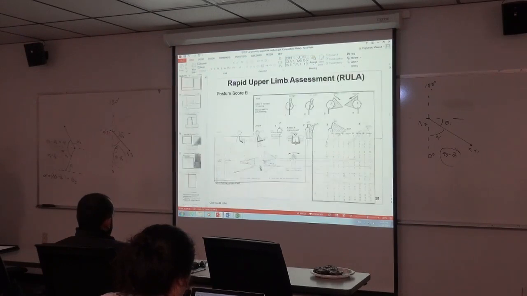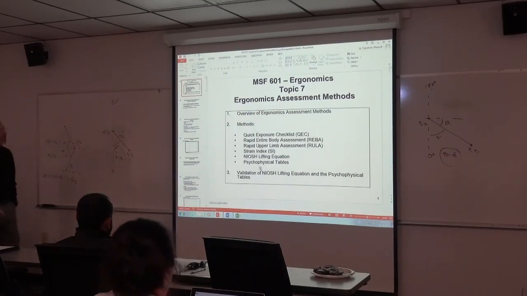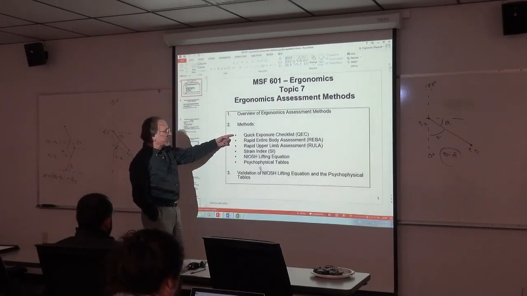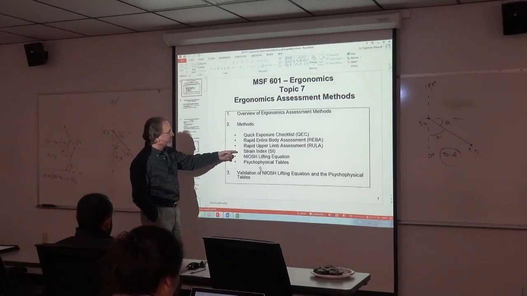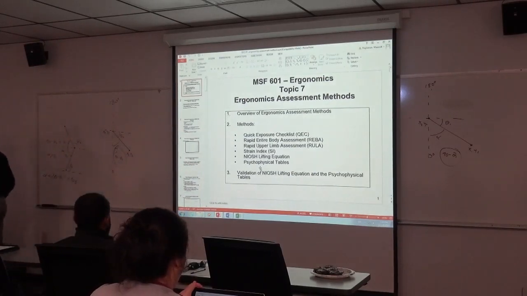All right, in that case, let's go back and talk about the things that I haven't talked about yet. I skipped a quick exposure checklist, RULA, and the strain index. So we'll talk about those three before going on to the next and last topic.